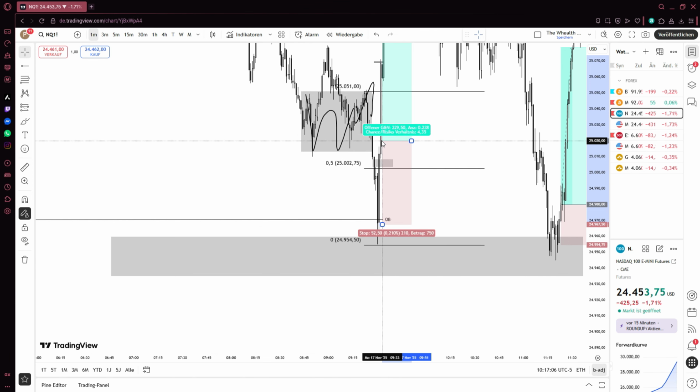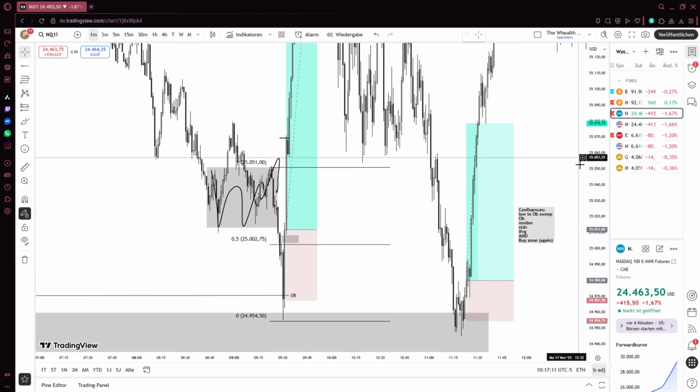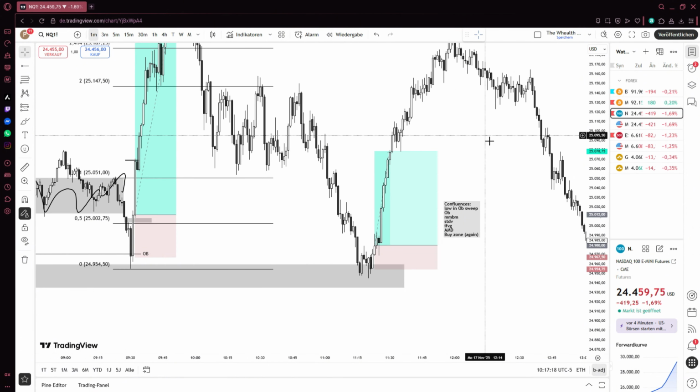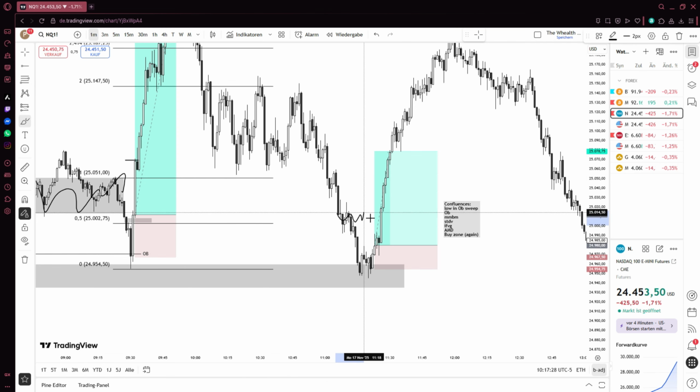This was my entry. The second one, I said to my friend on FaceTime, this would be a good trade if we consolidated here a little longer, then got this reaction and then inverse this.